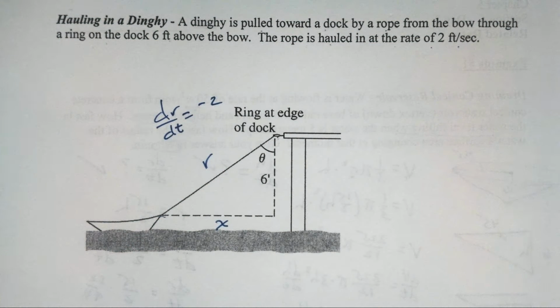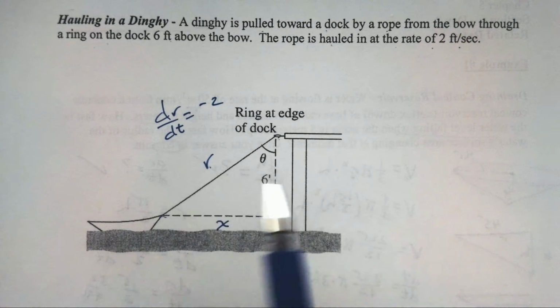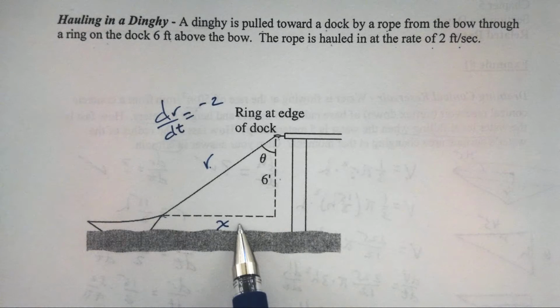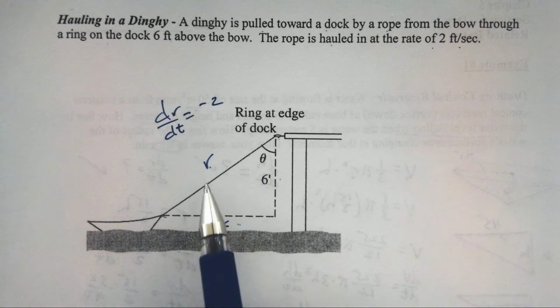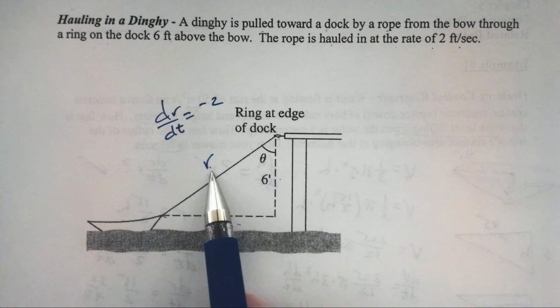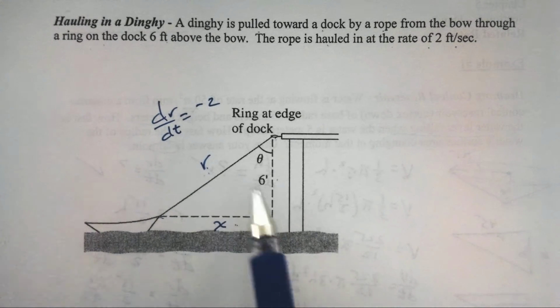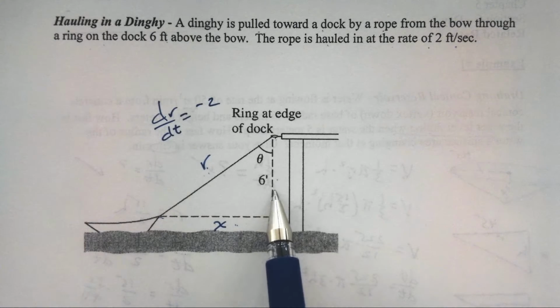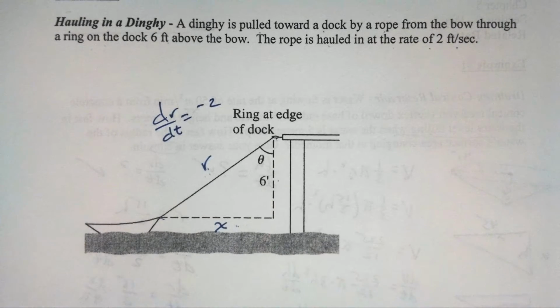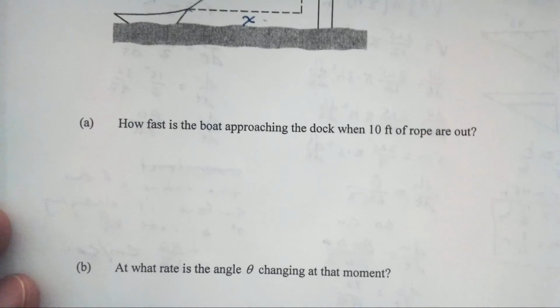Now, there are lots of formulas we could use for this. I could say r equals the square root of 6 squared plus x squared, or x equals the square root of r squared minus 6 squared. I could talk about trig functions with theta and the ratios between r, x and 6, etc. So let's take a look at what they're asking for here.